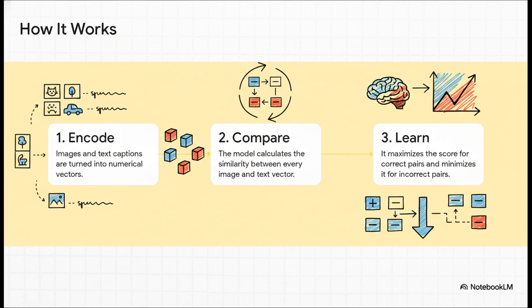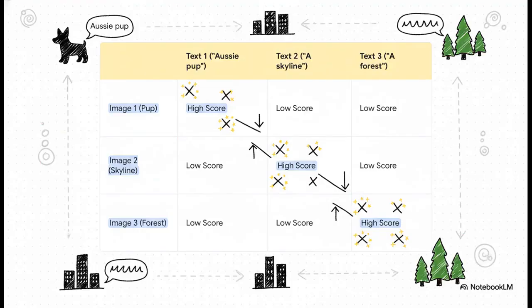Make the similarity score for the correct pairs as high as possible and the score for all the wrong pairs as low as possible. And this table here shows that goal perfectly. See that diagonal line? Those are the correct matches. The image of the pup lines up with the text Aussie pup. The model's entire job during training is to make the numbers on that diagonal go way, way up and make all the other numbers go way, way down. It's just one giant matching game, played billions of times.